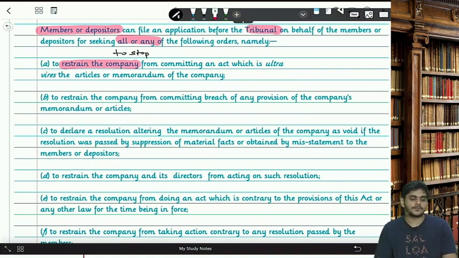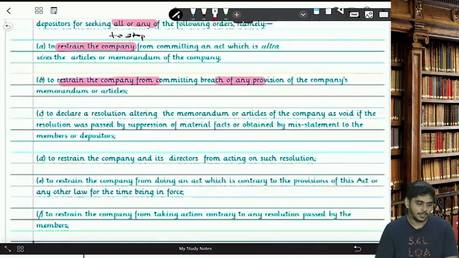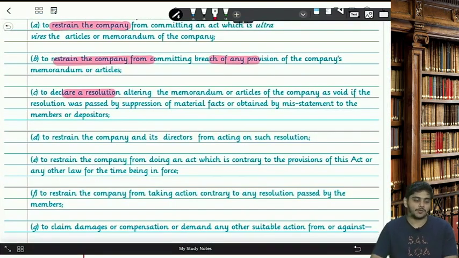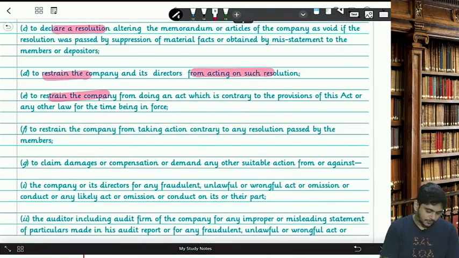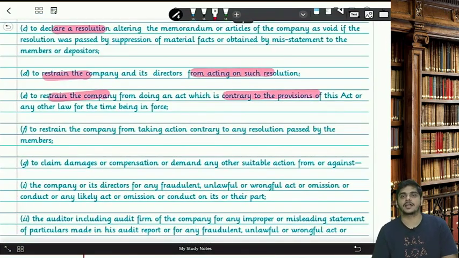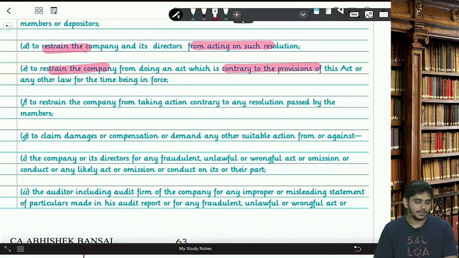To restrain the company from committing breach of any provision of the company's memorandum. To declare a resolution altering the memorandum as void. To restrain the company and the director from acting on such resolution. To restrain the company from doing an act which is contrary to the provision of this Act, against the law basically. To restrain the company from taking any action contrary to any resolution passed by the members.